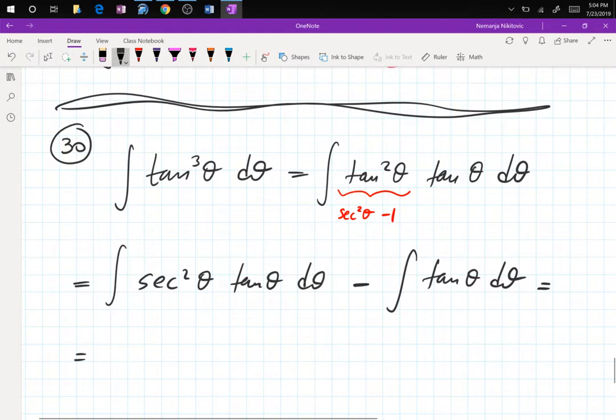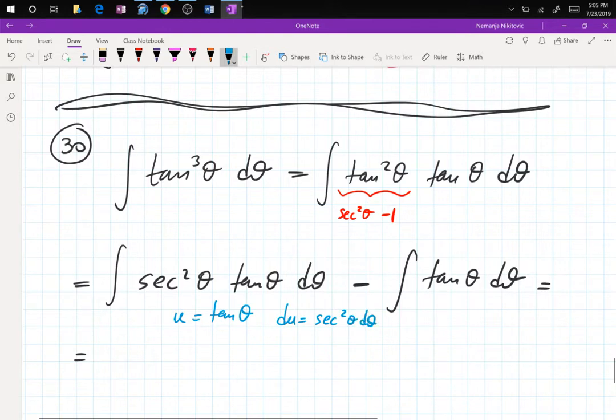The first integral has u substitution, right? U is tangent, and then du is secant squared. So this one would be u equals tangent theta, du equals secant squared theta d theta.